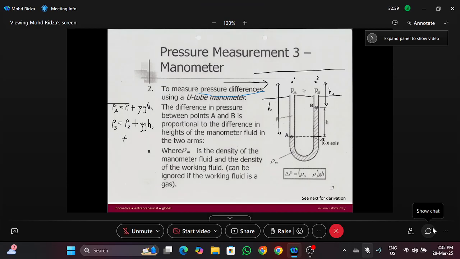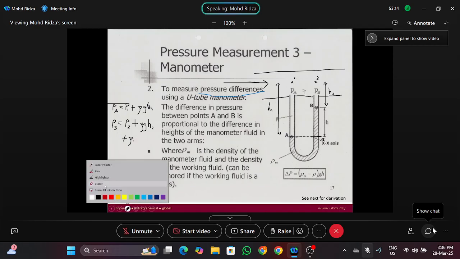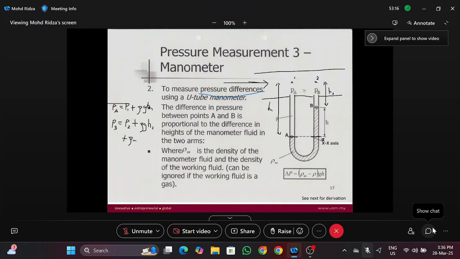Don't forget the manometer. So you have 2. Rho m, because the density of the fluid in the manometer is rho m, g, and the height is h.